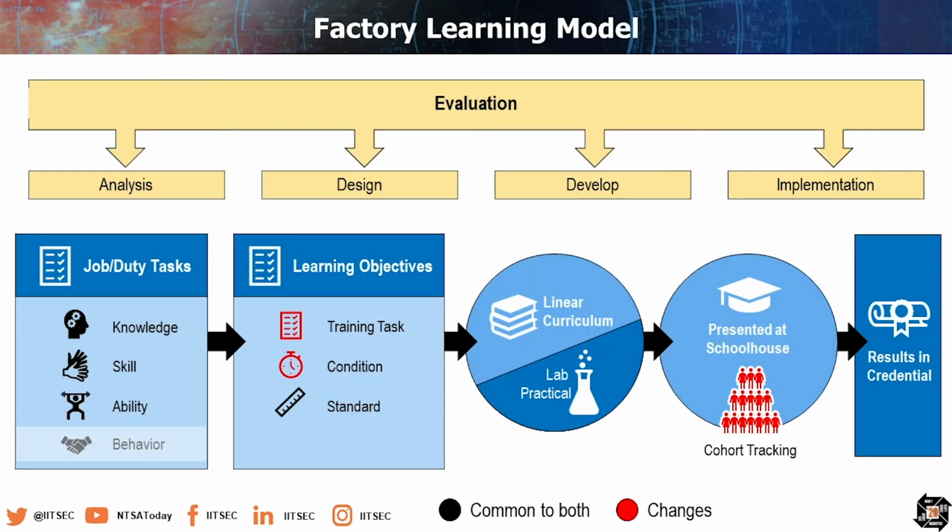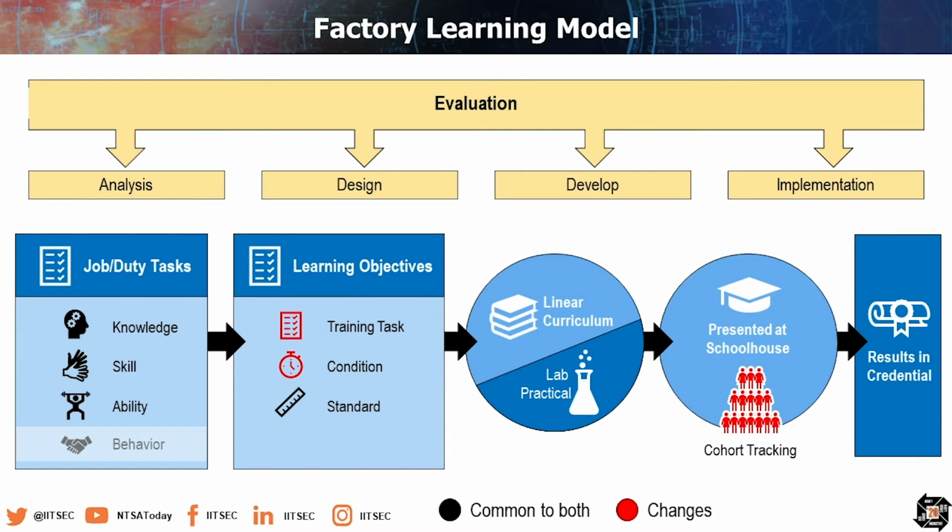So you heard us mention before the factory learning model. This is kind of the classical John Dewey public education system that's served us pretty well through the 20th century. And for those of you who have an instructional systems design background, you're probably familiar with the ADDIE model, which is analysis, design, development, implementation, and evaluation. And this is kind of the overarching way of thinking about building out curriculum.